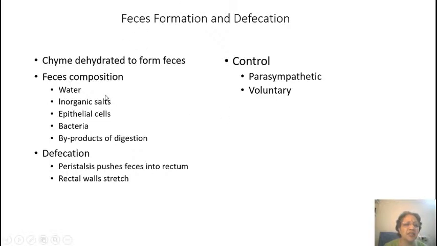And we'll have some inorganic salts and a lot of epithelial cells. So these meters and meters of gut that you have, the surface is continuously being abraded by the stuff which is moving through it. So some cells will shed. If you remember, we saw at the bottom of the villi and of the intestinal glands, there would be basal cells or pluripotent cells which keep on dividing and supplying and keeping that mucosal lining complete and intact at all times.